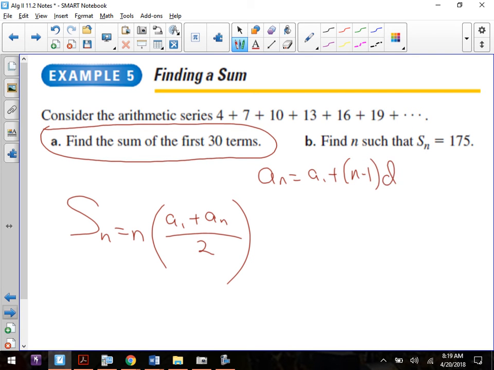My first term is 4. My common difference is 3. You okay with that? So I have 4 plus n minus 1 times 3, which becomes 3n plus 1.